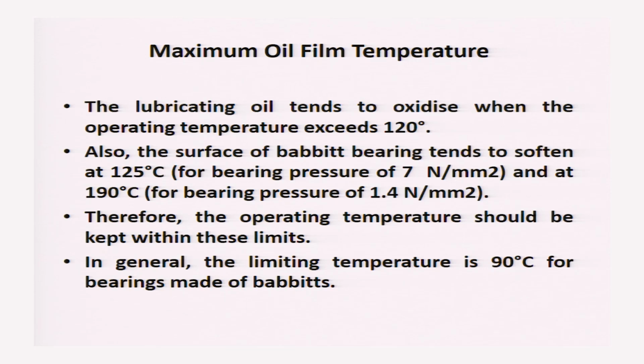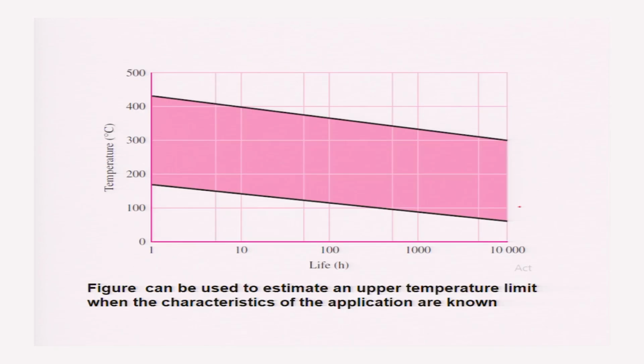In general, the limiting temperature is 90 degrees for bearings made of Babbitts. This figure can also be used for selection of the temperature based on the life. The figure can be used to estimate an upper limit when the characteristics of the application are known.